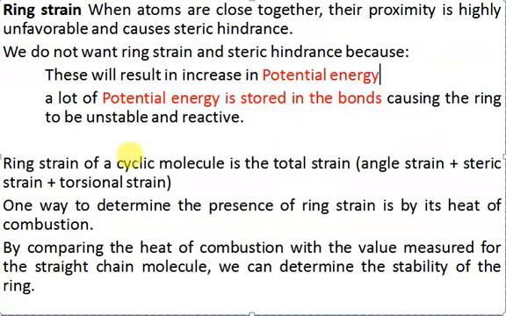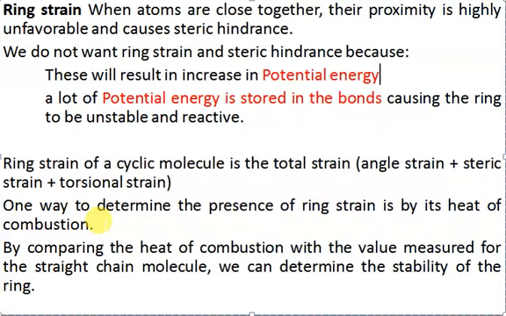The ring strain of any cyclic molecule is a sum total of three types of strains: angle strain, steric strain, and torsion strain. A simple way to determine if a ring has strain or not is to determine its heat of combustion.